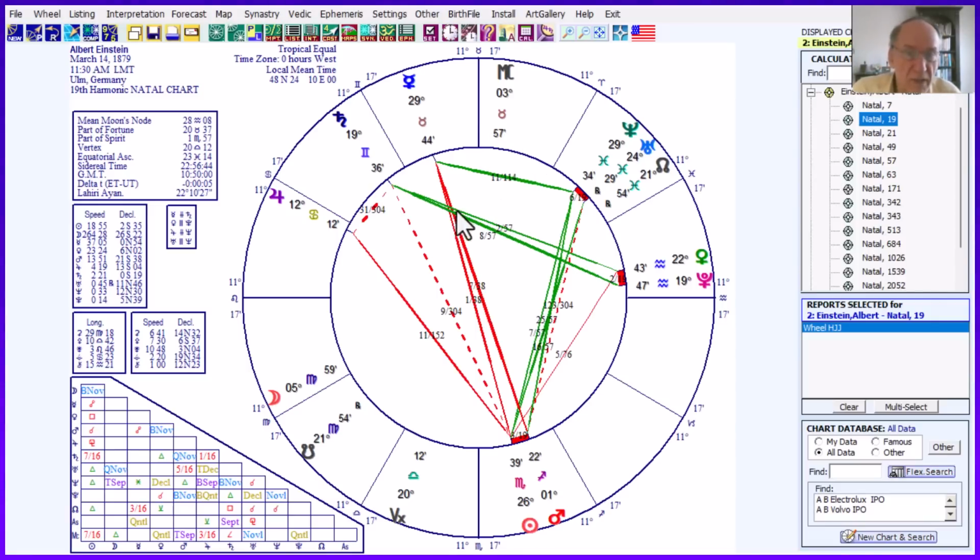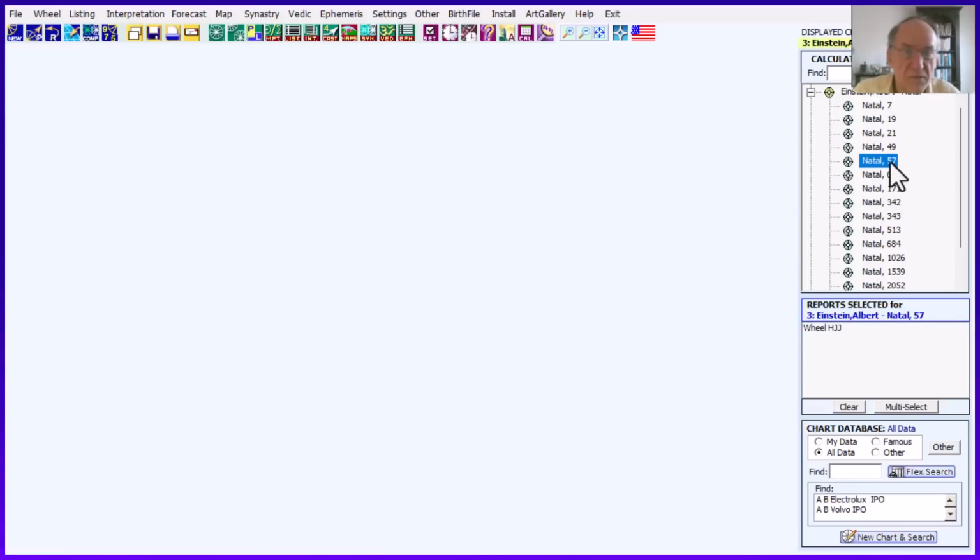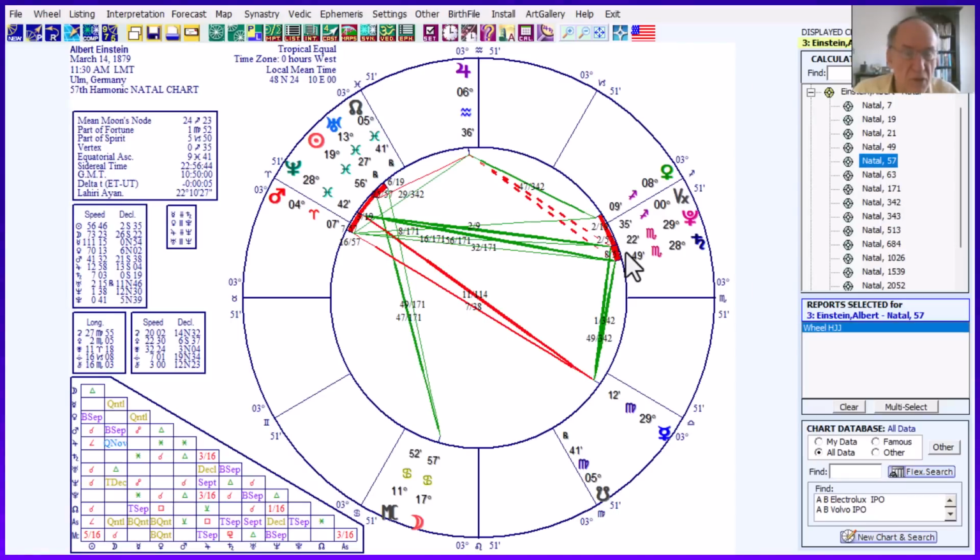The tight Saturn-Pluto trine and the Mars trine Neptune, those 2 connect at the 19 times 3 level, making another trines and sextiles. And now the lines look thicker. Look how thick they are. This is a really tighter configuration. So we have a tighter configuration at 57 than we do at 19.